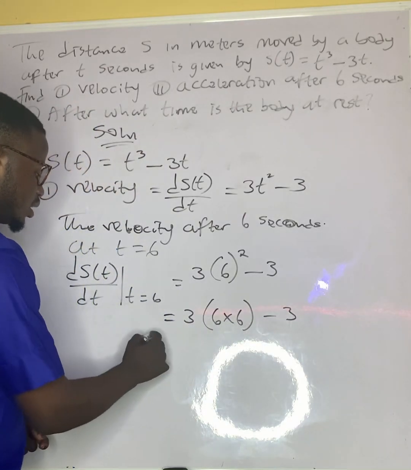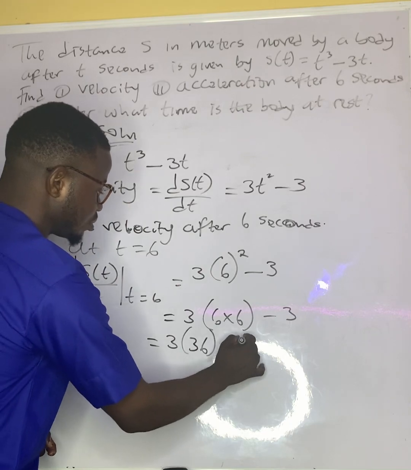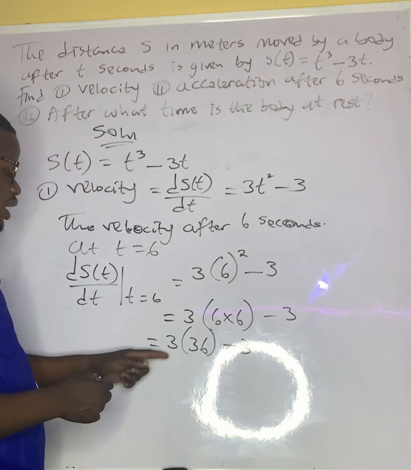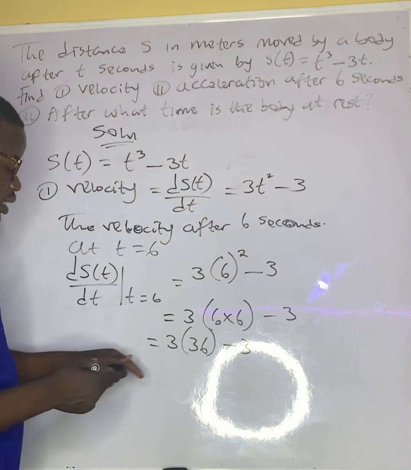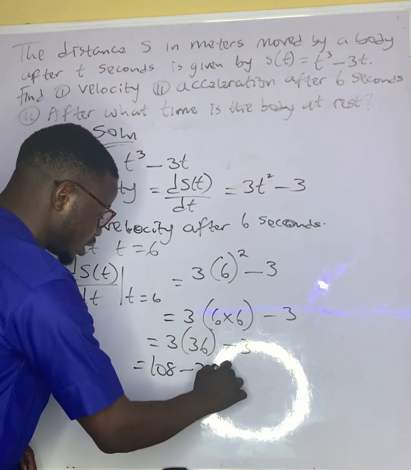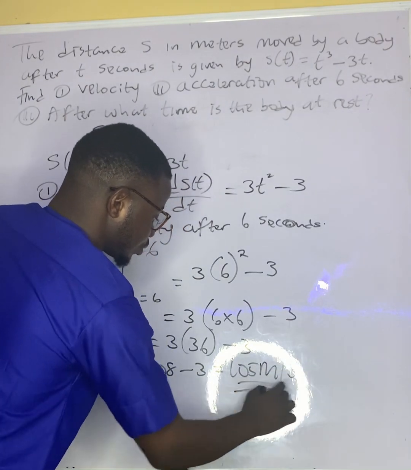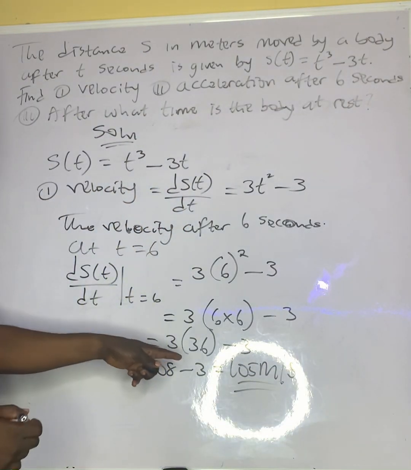This 3 is outside there. So 3 times 36 gives us 108, minus 3, that will give us 105. That's meters per second. So now that is the velocity.